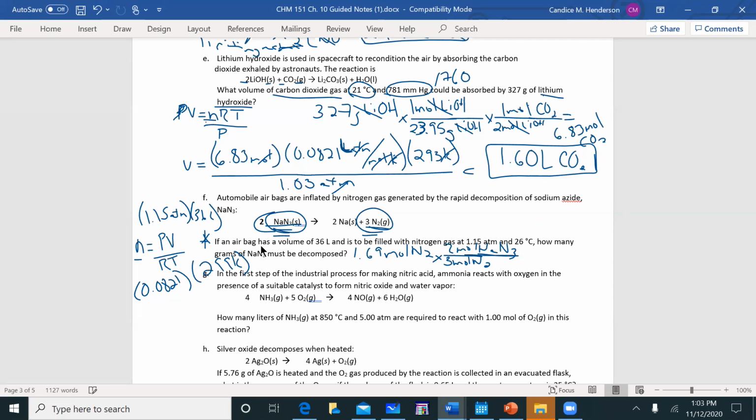And then to refine it, it says let me just know what it is in grams. So we'll find the molar mass of this. For every 1 mole of NaN3, it weighs 14 times 3 plus the 22.99, 64.99.